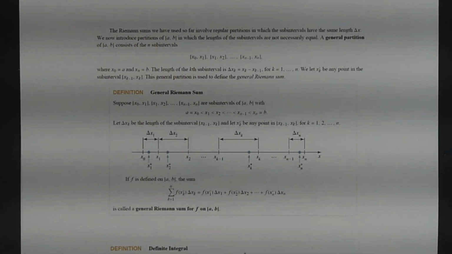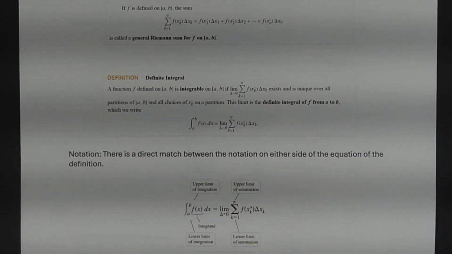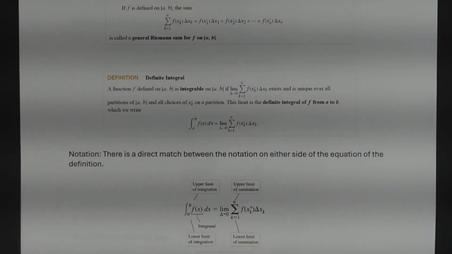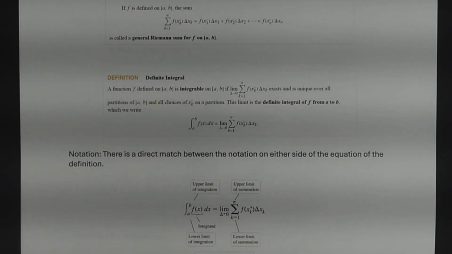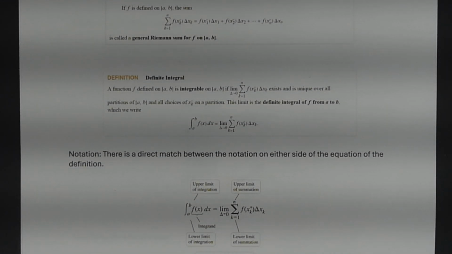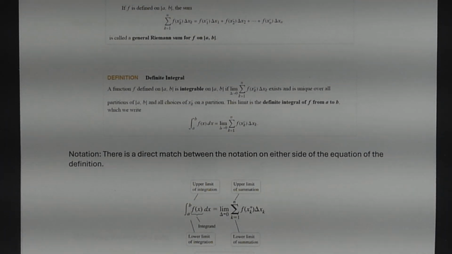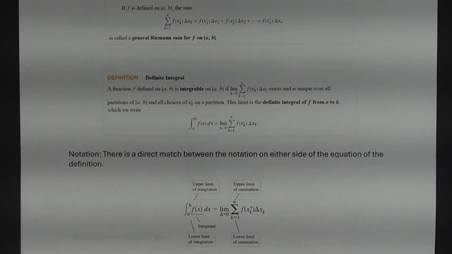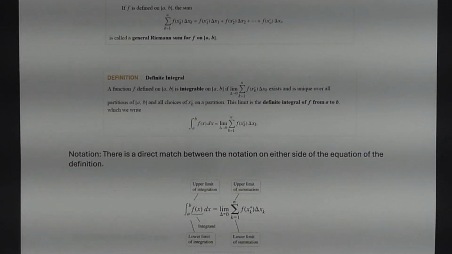All right, and then our next definition would be the definite integral. Here we're going to let f be defined on the closed interval a, b. f is integrable on the interval a, b if the limit as delta approaches 0 of the summation for k equaling from 1 to n of f of x star sub k times delta x sub k exists and is unique over all partitions of a, b and all choices of x star sub k on a partition.